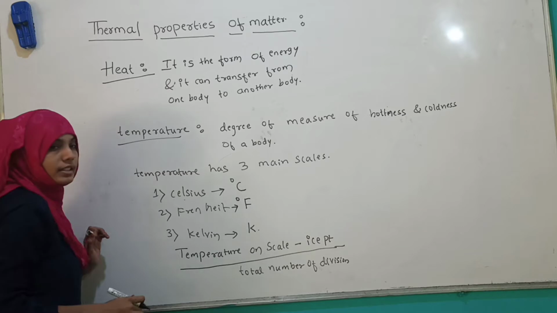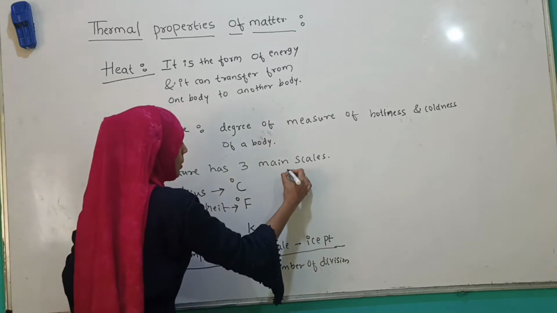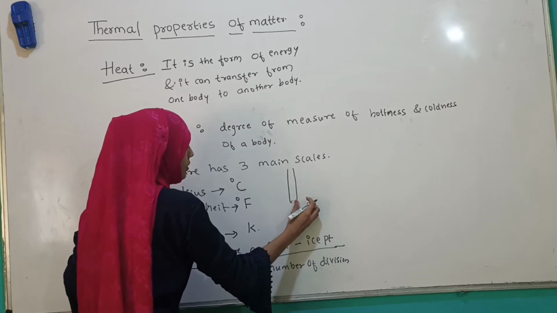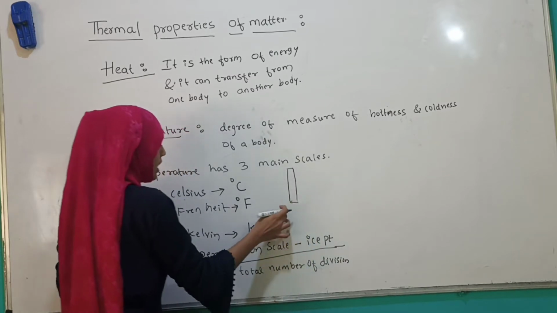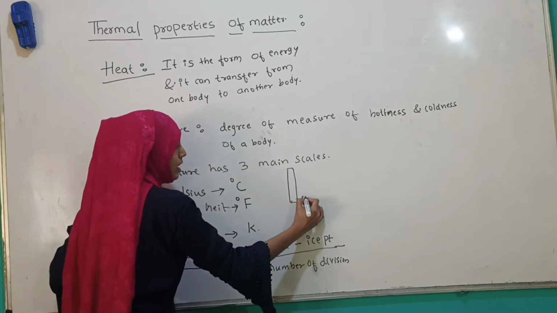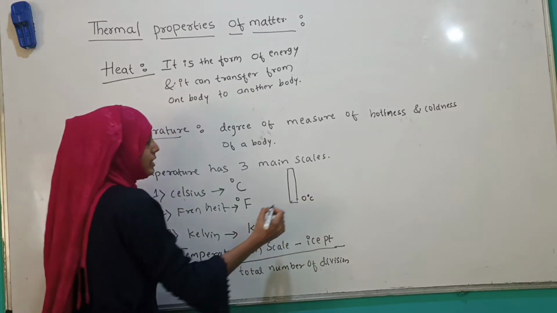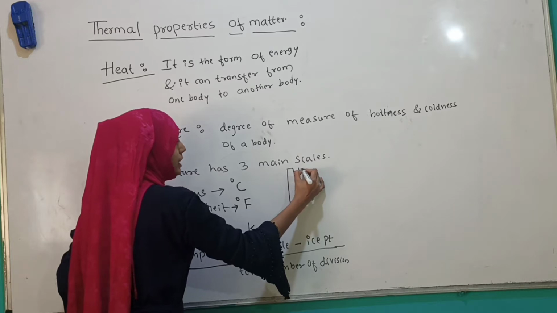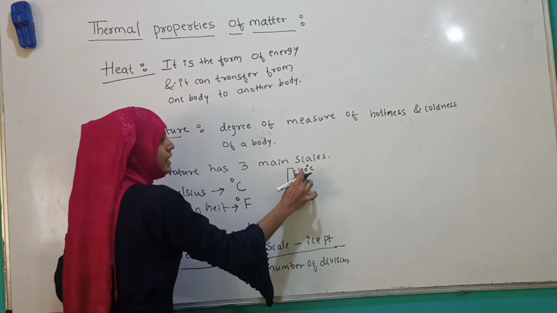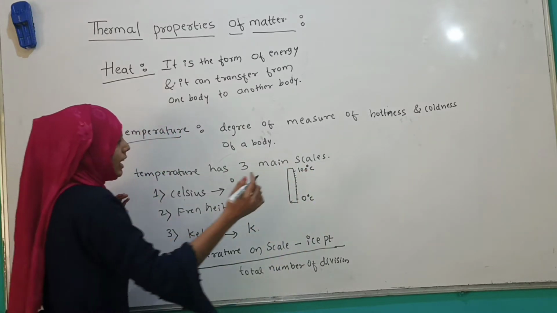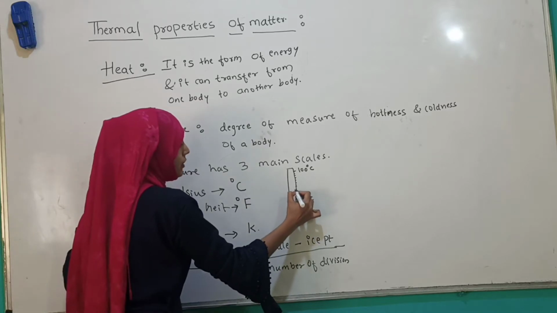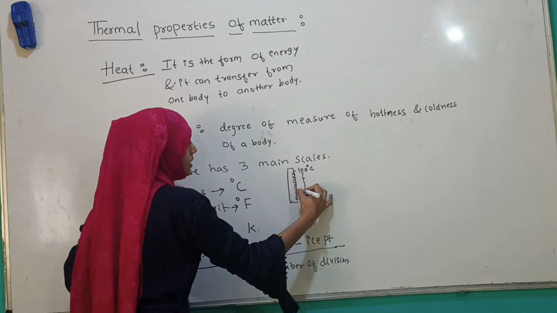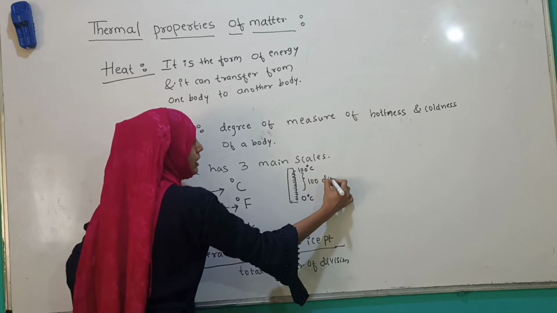In the Celsius scale, we have the ice point as 0 degree Celsius and the steam point as 100 degree Celsius, and the number of divisions on the Celsius scale is 100.